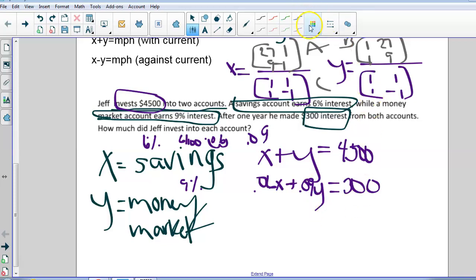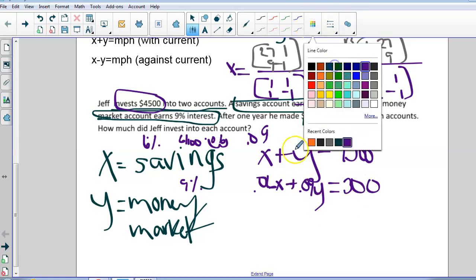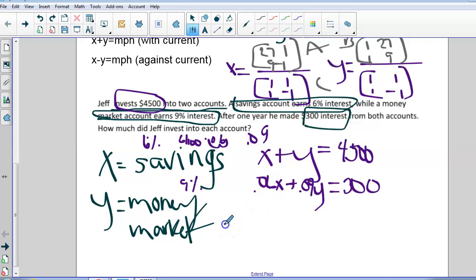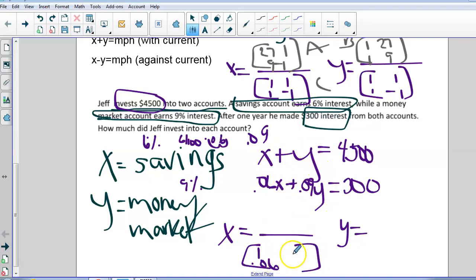Once we have those equations set up, we can go ahead and set up our matrices. So I'm going to have X is equal to, Y is equal to. My X denominator is equal to 1.06, 1 and 0.09. And then my Y denominator is the same, so it's 1.06, 1.09.